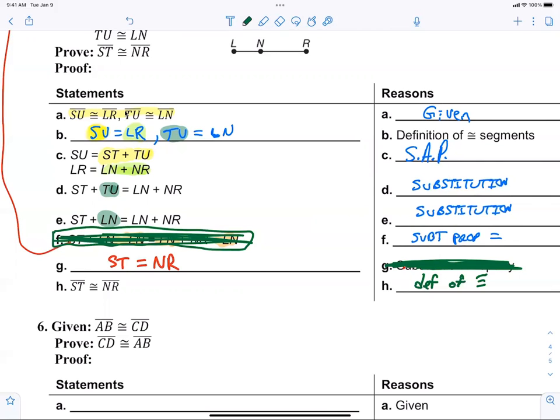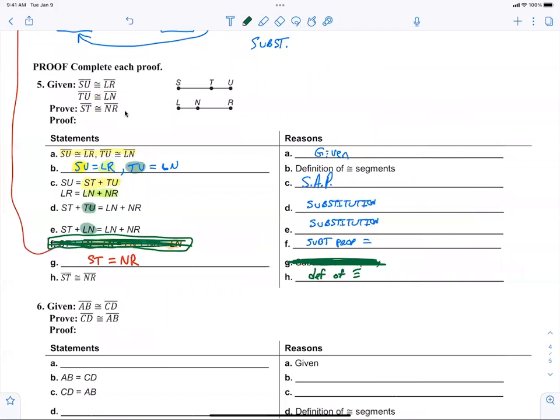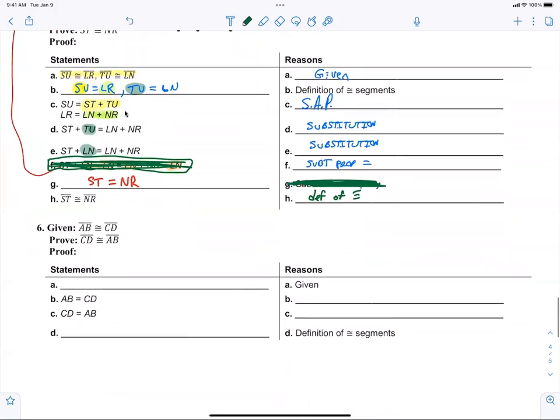All right, so let's knock out number 6. Let's see how good we are. Oh, yeah, I don't really care for this so much either. This is silliness. I almost just got rid of this.